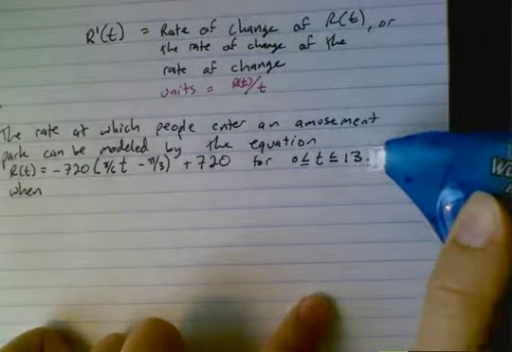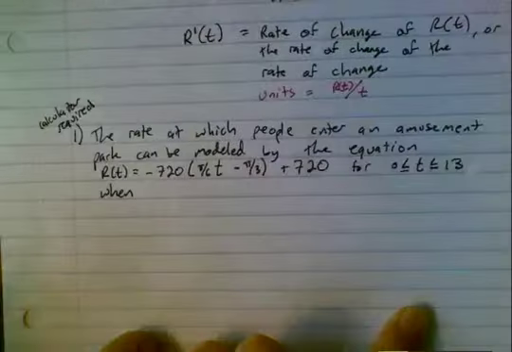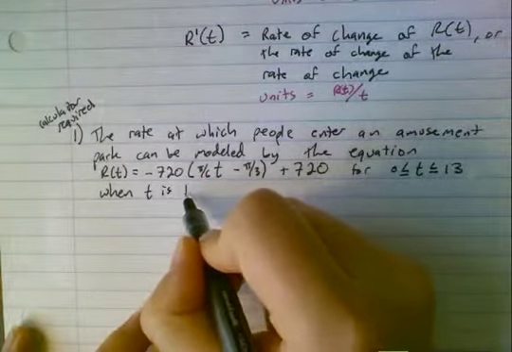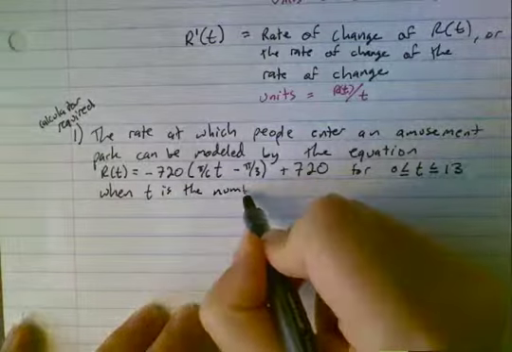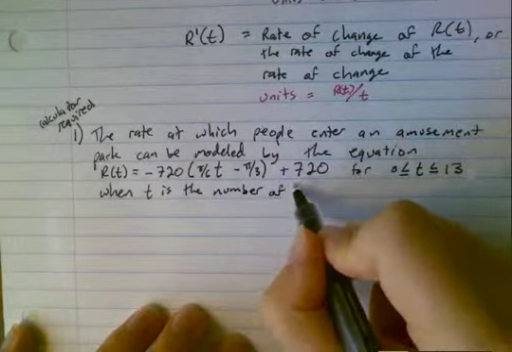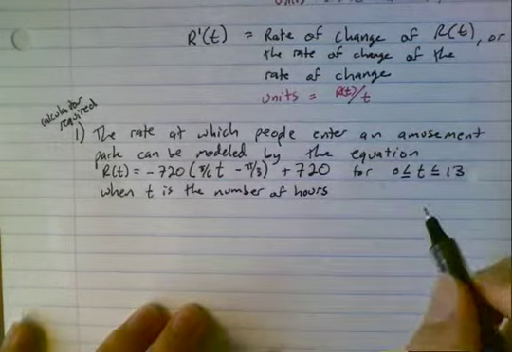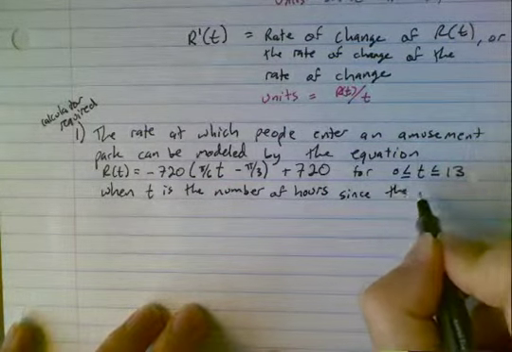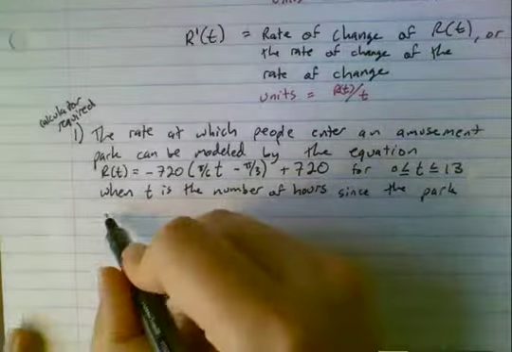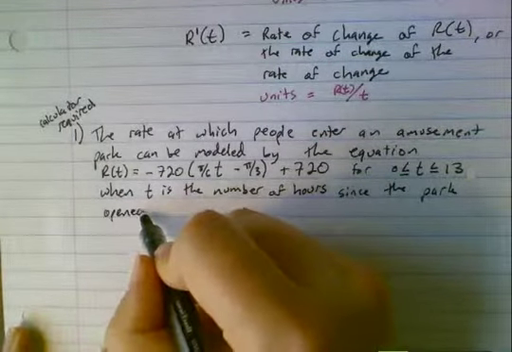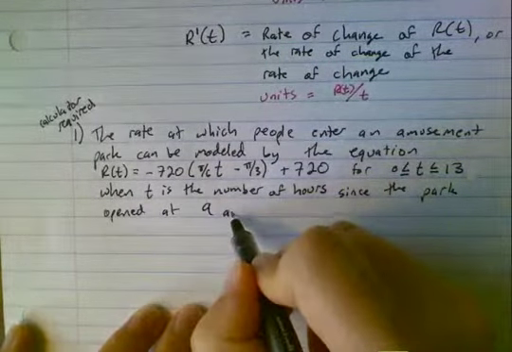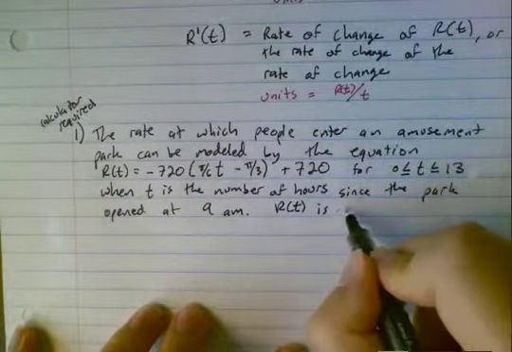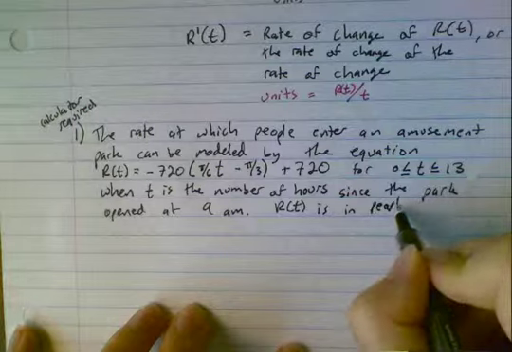And what this means is that t is the number of hours since the park opened at 9 a.m. R of t is in people per hour.